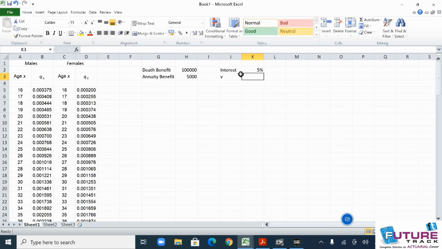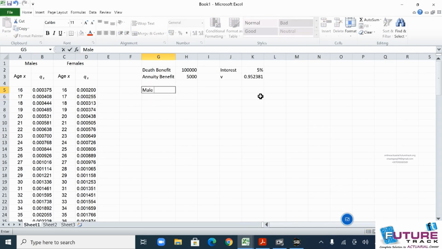We can find v, the discounting factor, 1 divided by 1 plus i, right class? So let's give names: this is my S, this is my annuity benefit A, this is my v discount factor. Fine.